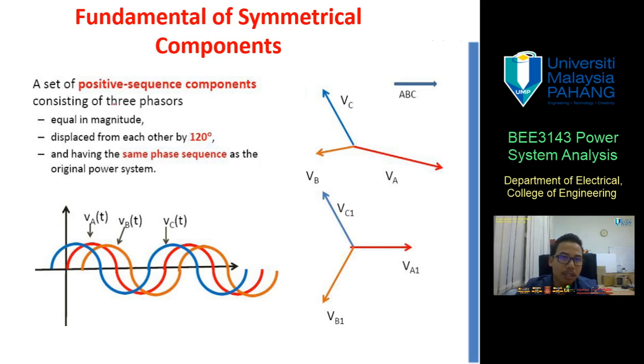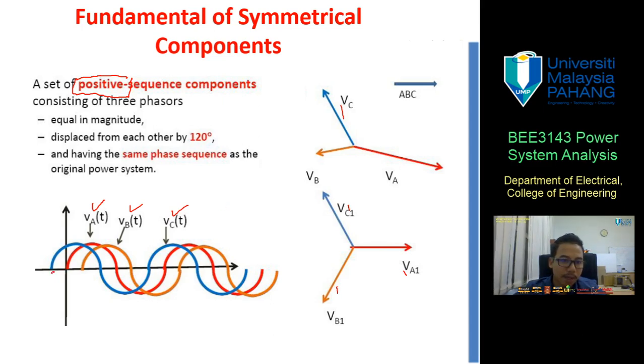So the first component is called the positive sequence components, consisting of three phases: phase A, phase B, and phase C. For the positive sequence components, they are equal in magnitude, displaced from each other by 120 degrees, and have the same phase sequence as the original power system.